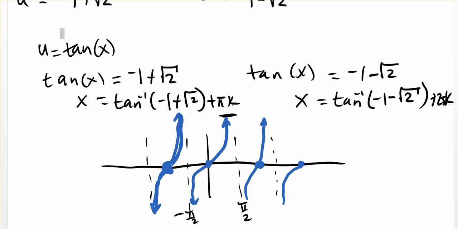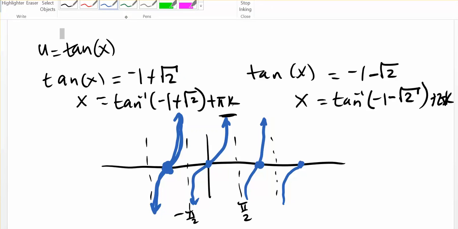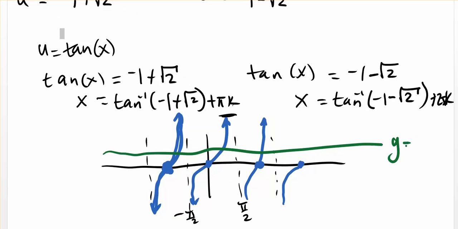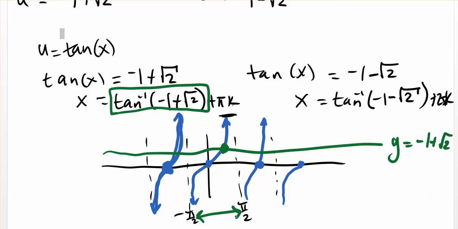Okay, so if this value right here is somewhere between 0 and 1, we can draw in the line y is equal to negative 1 plus the square root of 2. The inverse tan value is going to come from the interval between negative pi over 2 and positive pi over 2.